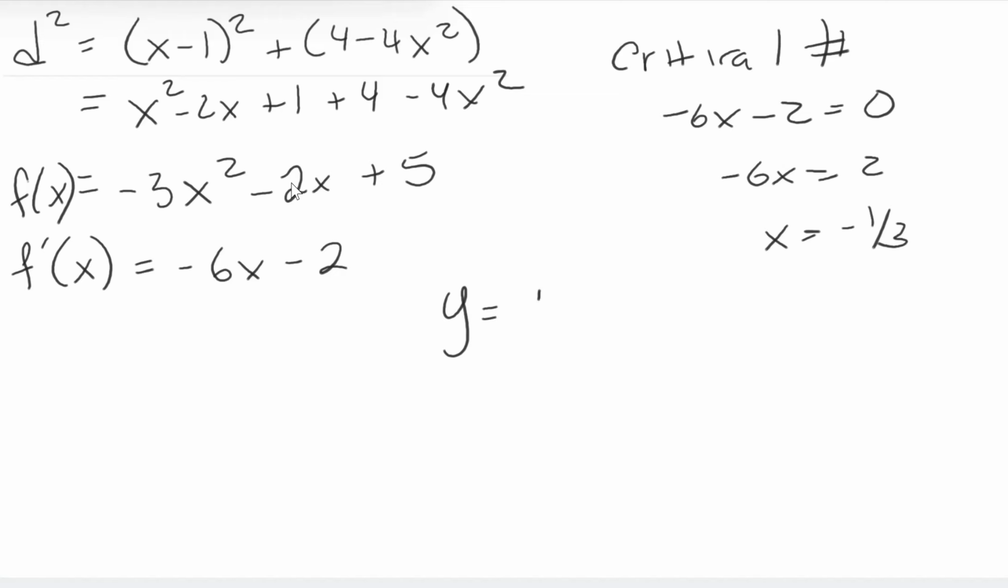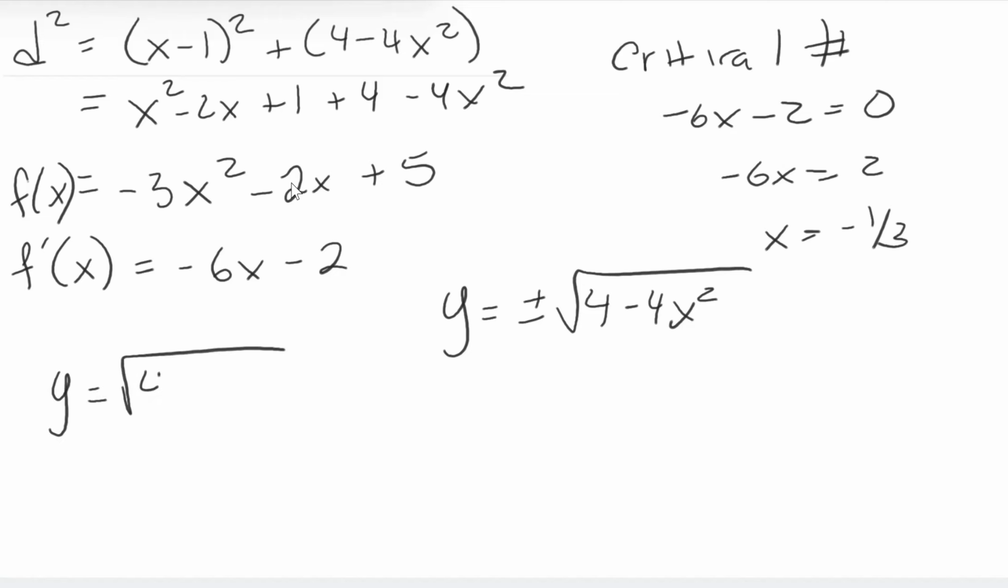So y equals plus or minus the square root of 4 minus 4x squared. Now I'm going to plug in my negative 1/3 to that. So I've got y equals the square root of 4 minus 4/9, so I've got the square root of 32/9, which is 4 square root of 2 over 3.